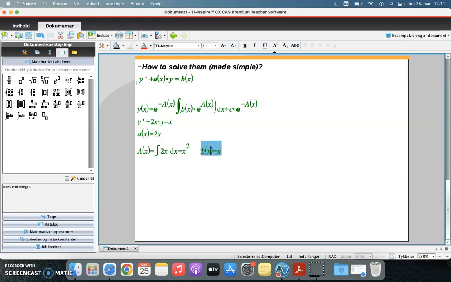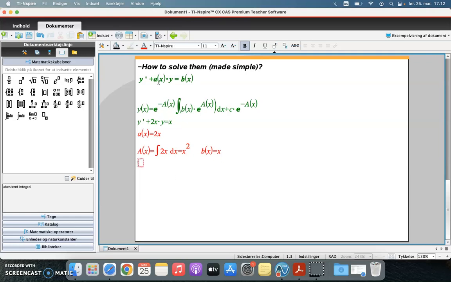So here we have everything we need. The next step is to replace them with capital A(x) and b(x).